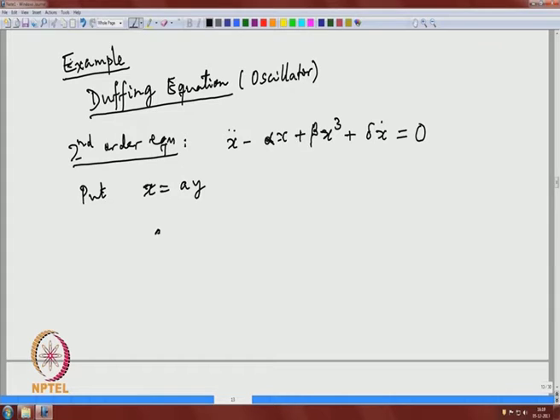So, the first term will be a y double dot, a is a constant, minus alpha a y plus beta a cube y cube plus delta a y dot.